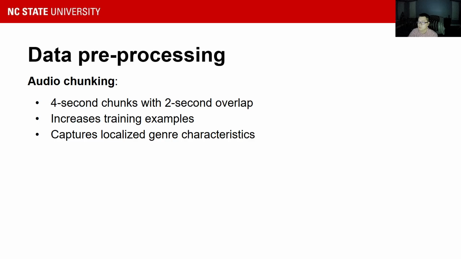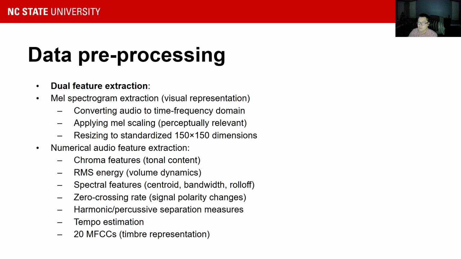We preprocess the audio by splitting each file into overlapping chunks, 4 seconds each with 2-second overlap, ensuring that our model receives sufficient local information from each sample. For feature extraction, we process both the mel spectrograms and the numerical features. The mel spectrograms are converted to time-frequency domain, applied with mel scaling and resized to be the same dimensions.